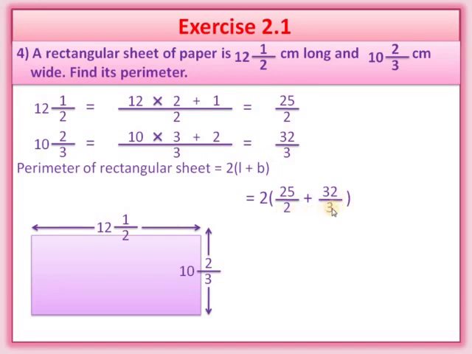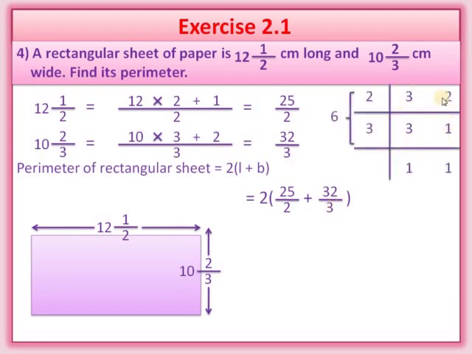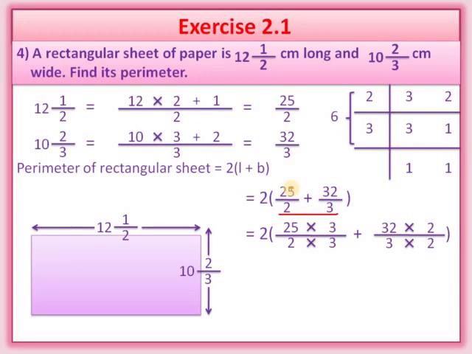Here you can see the denominators are not the same. Okay, so we are going to make the same denominator. So you can see this is the LCM of 3 and 2, which is 6. Now my dear students, you can see here in this example, 25/2.